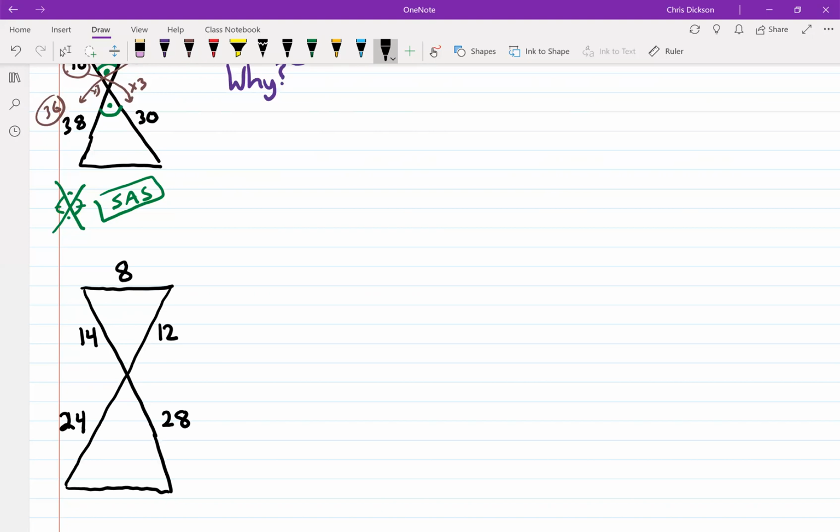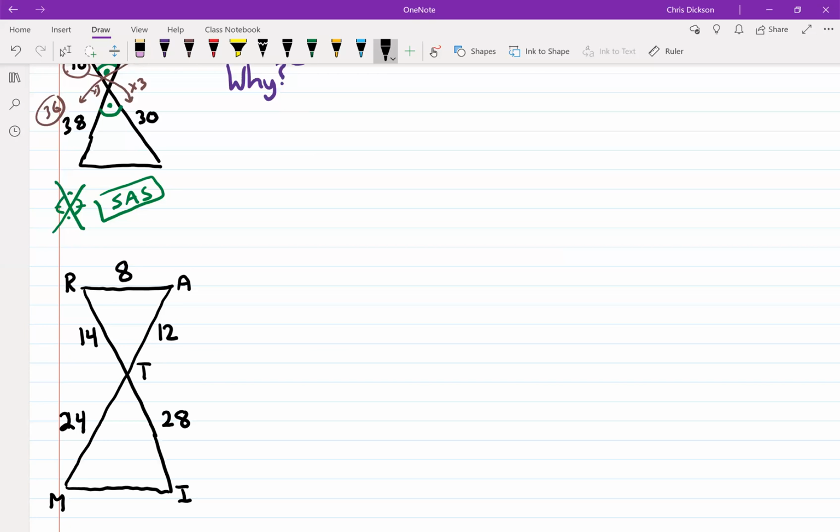Okay, and I'm going to put some letters in the diagram here. So we're going to say R, A, T, I, M. So I got triangle RAT and triangle TIM, I guess.